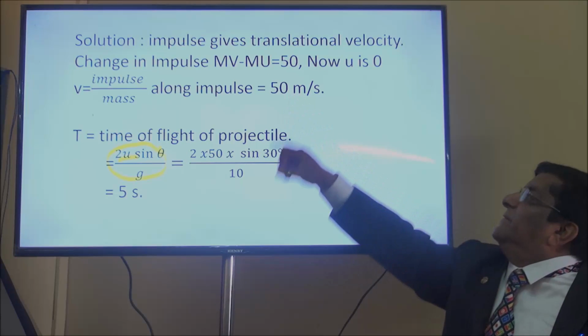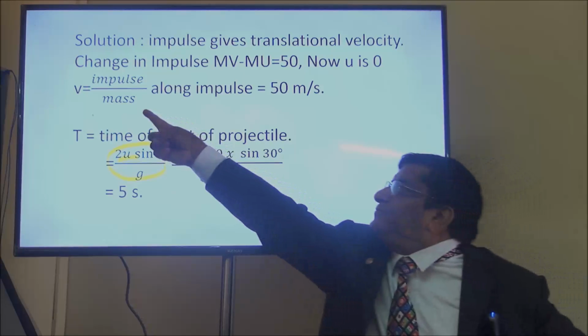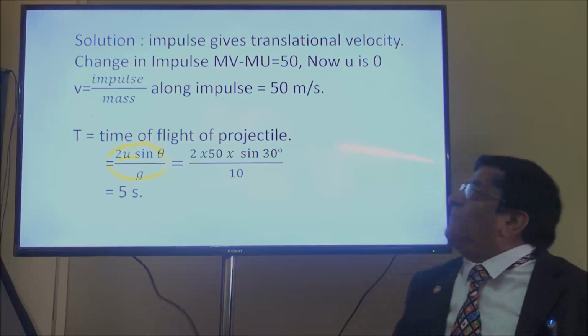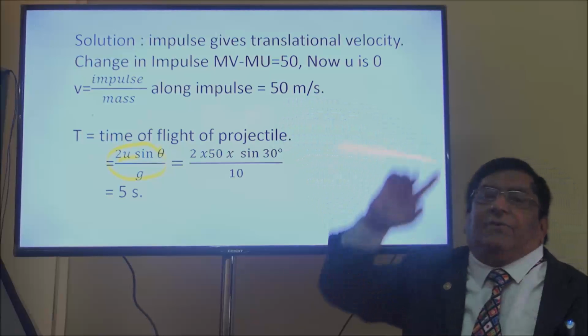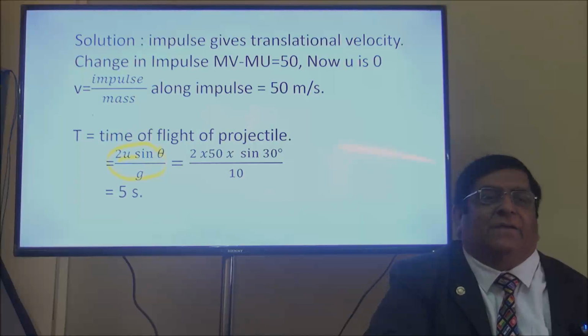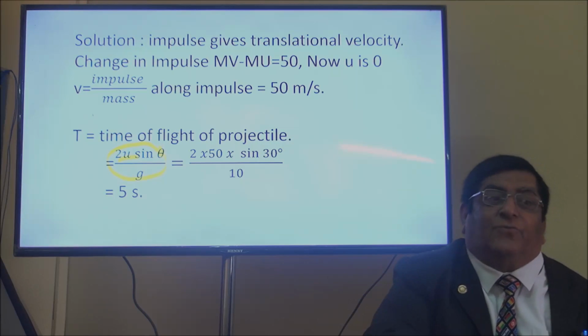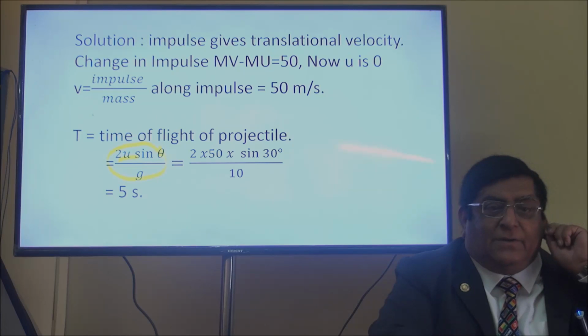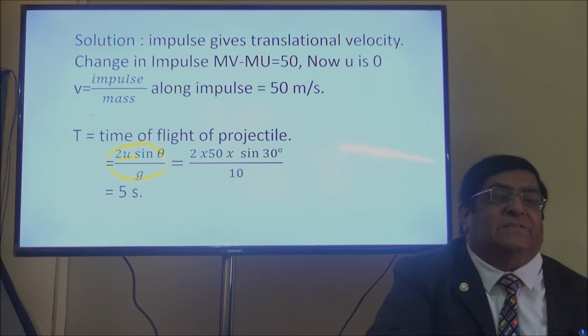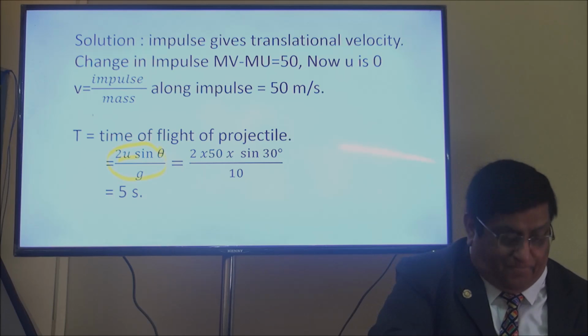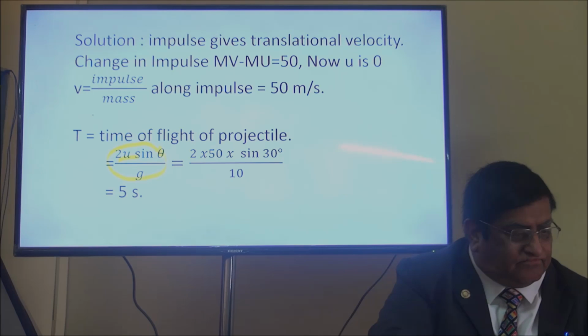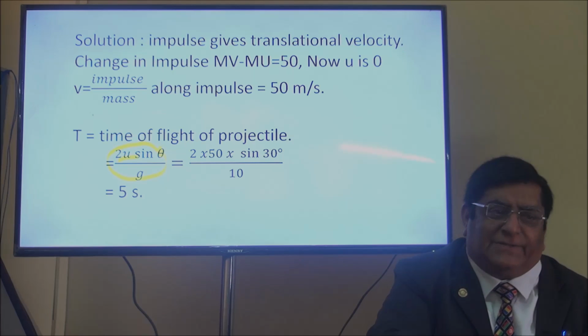M is given as 1 kg. So how much velocity do we get? 50 meters per second is the initial velocity. So for projectile motion, this is the initial velocity. Is this right?